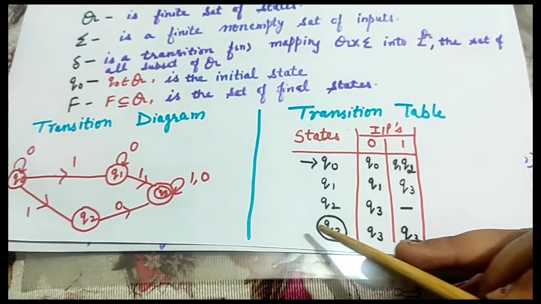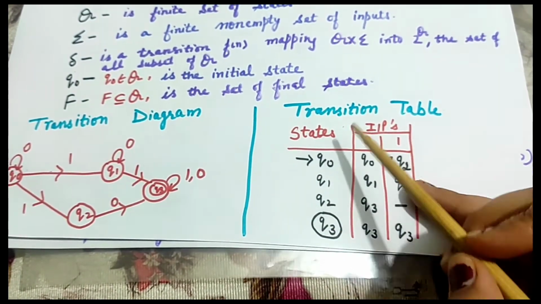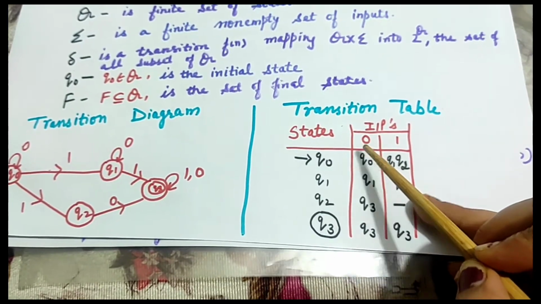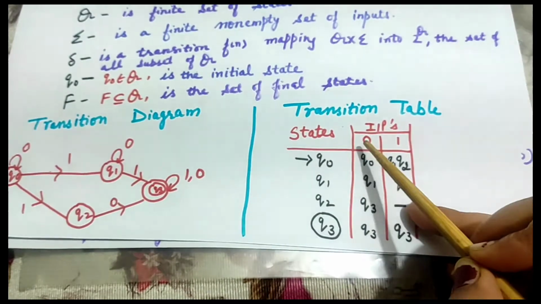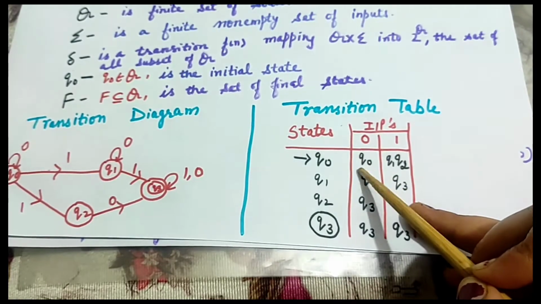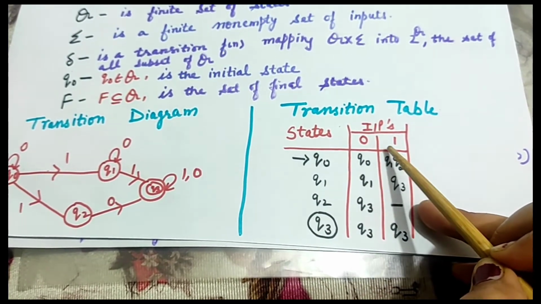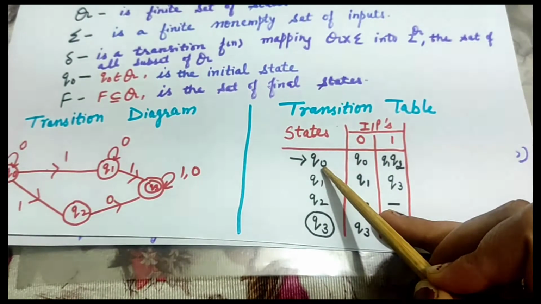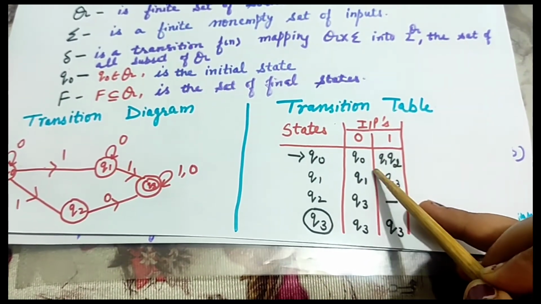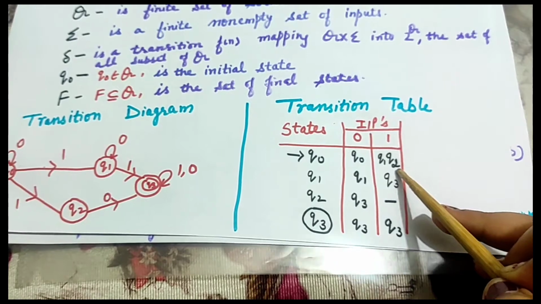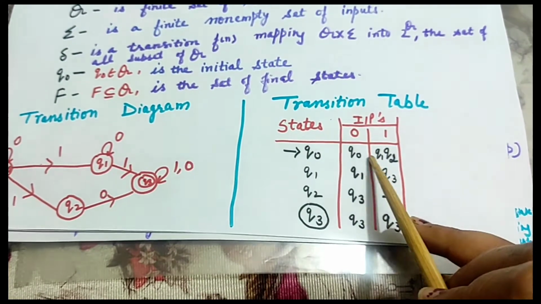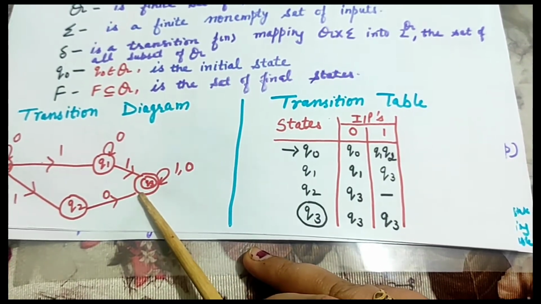As we see in the transition table, at a 0 input, when Q0 has 0 input, the next state is Q0, that is the definite state. But when 1 input is applied on Q0, the 2 different states Q1 and Q2 come. This table is actually correlated with this diagram.